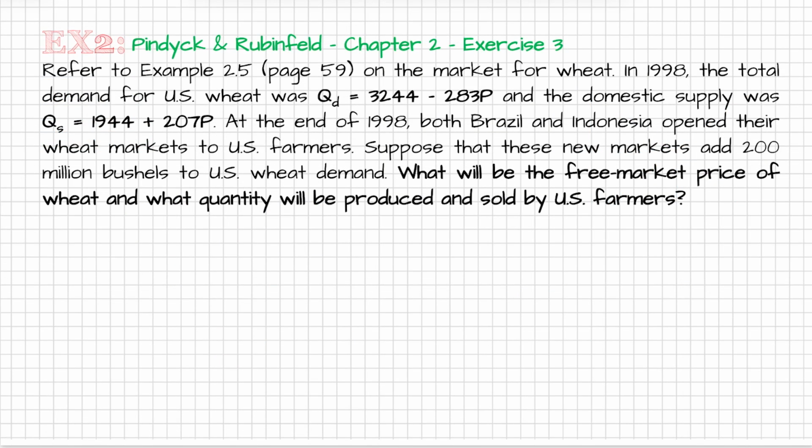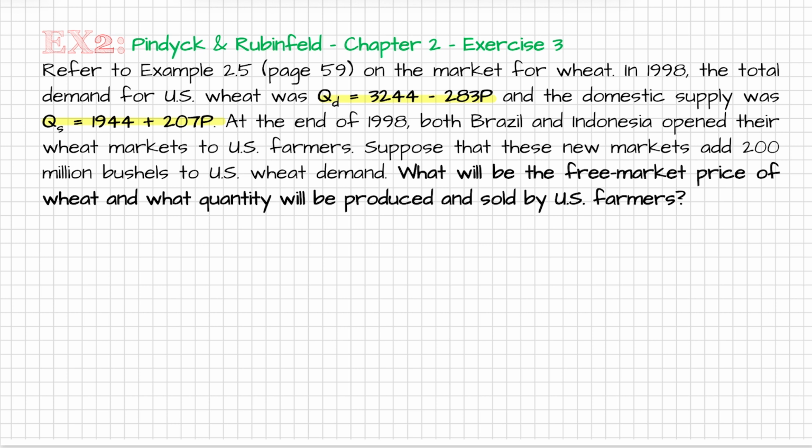Refer to example 2.5, page 59, on the market for wheat. In 1998, the total demand for U.S. wheat was QD equals 3,244 minus 283P, and the domestic supply was QS equals 1,944 plus 207P.